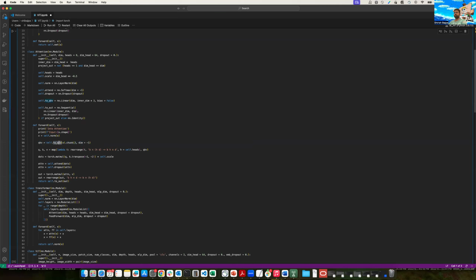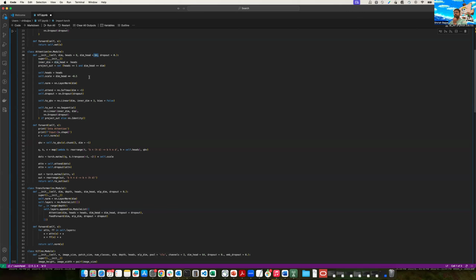So what are we doing for QKV? It's nothing but a linear layer, with the input dimension and then the output dimension, inner dimension cross 3. What is inner dimension? It is dimension head into heads, and dimension head is 64.